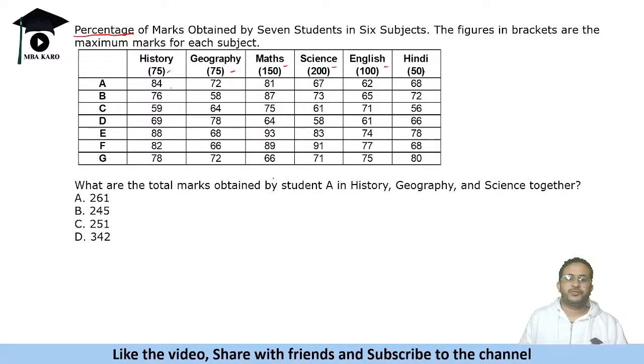Now, what are the total marks obtained by student A in history, geography, and science together? Yes, you can do digital sum also.